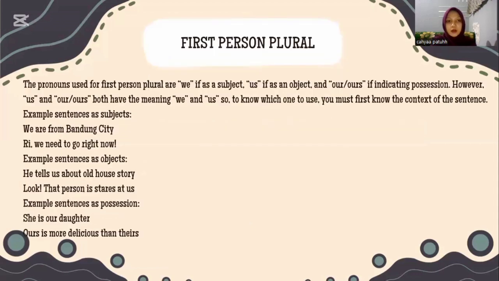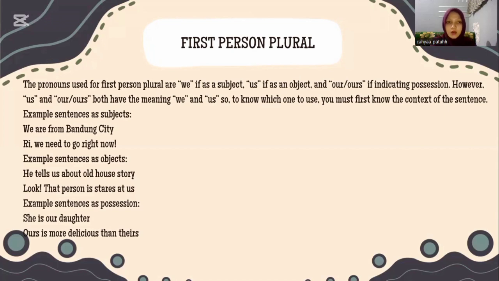The next slide about the pronoun use. The next slide about first person plural. The pronouns used for the first person plural are we if as a subject, us if as an object, and our or ours for indicating possession.